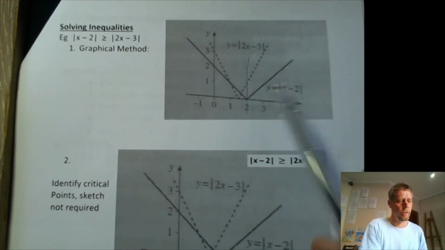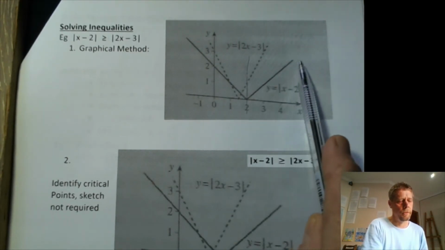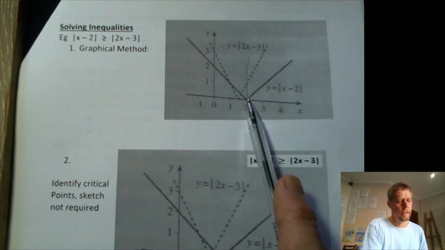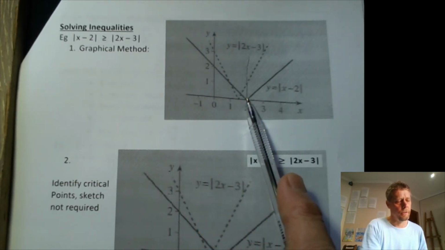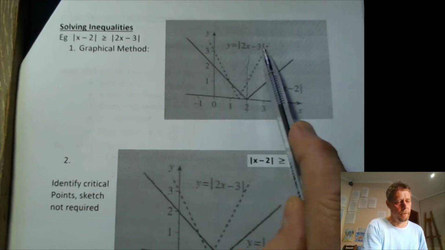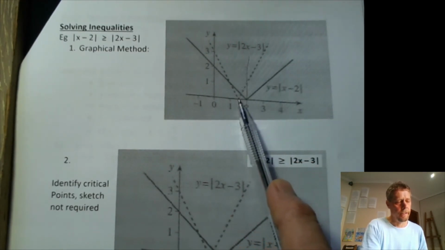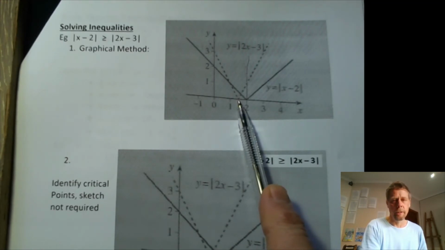And we can draw the graph. You can see above 2, y equals x minus 2, and below 2, y equals minus x plus 2. The whole function inverts. And similarly, we can plot y equals mod of 2x minus 3. There we can see the 0 point is at 1.5. Now, if we look at this, where is mod x minus 2 bigger than mod 2x minus 3?